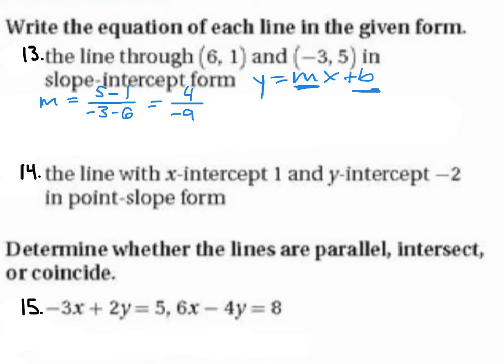And then how do we find our b? We use one of the points. So we can use 6, 1 and plug in our x and our y. So we're going to have 1 is equal to, now we plug in our m, which is 4 over negative 9, times 6, which is our x, and then plus b.